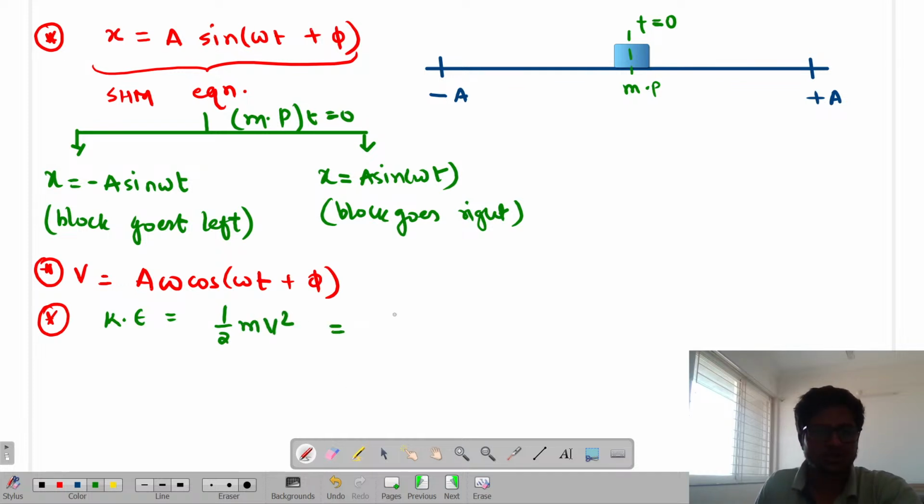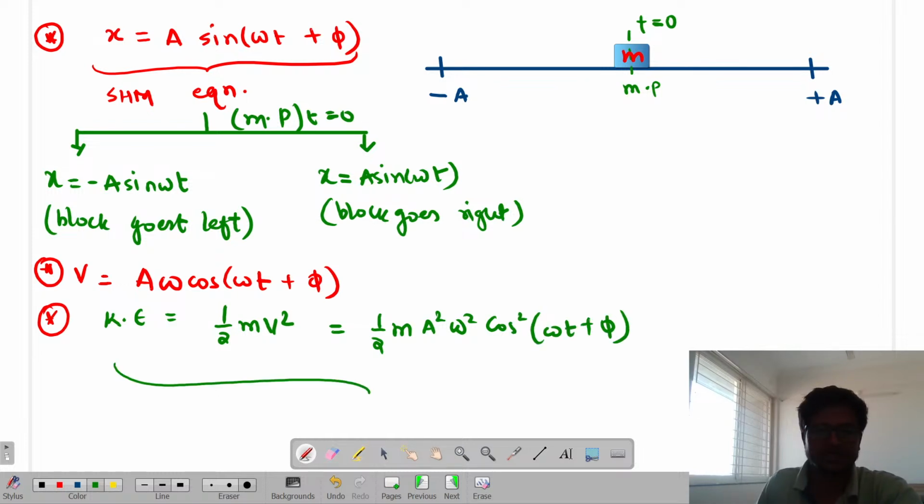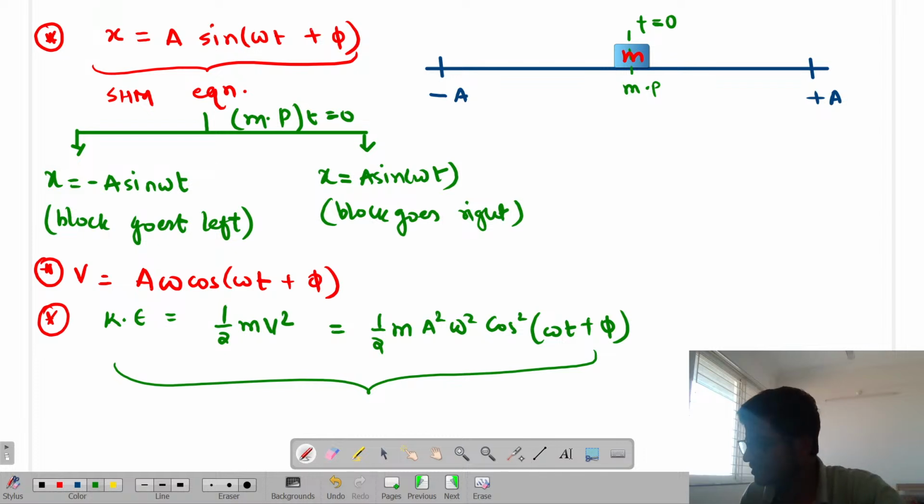So let us replace this value over here. This becomes half m a square omega square cos square omega t plus phi. This is my kinetic energy relation of the particle which is performing SHM. Are you able to get me or not?